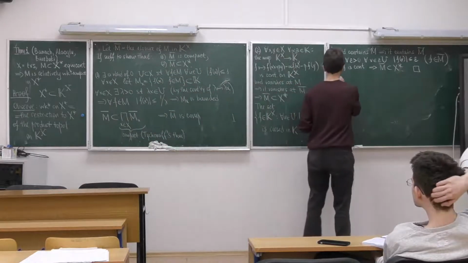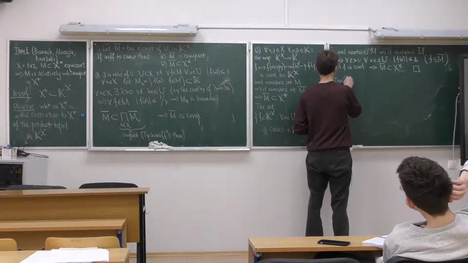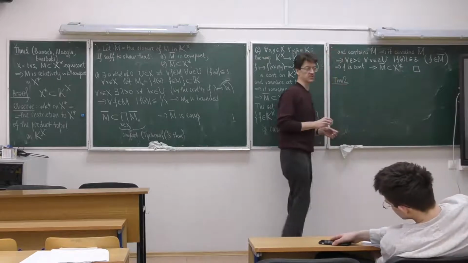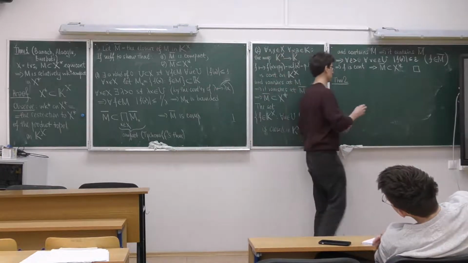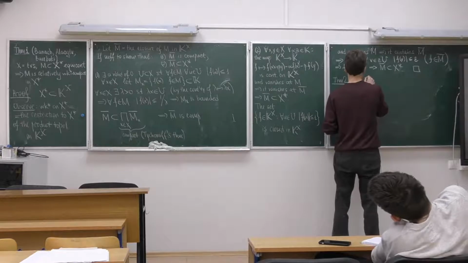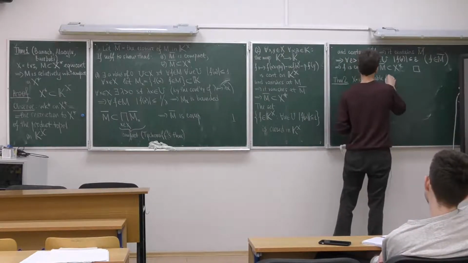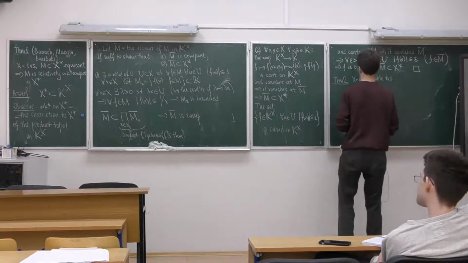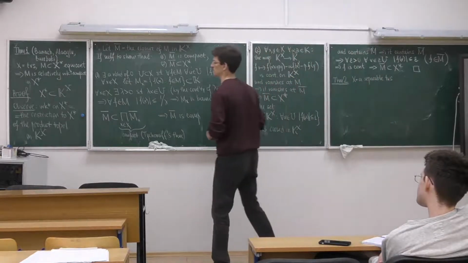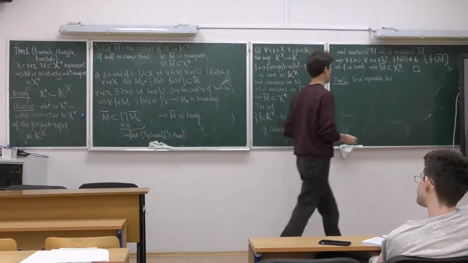Okay. Our next result, theorem 2, is actually a refinement of theorem 1 in a special case where X is separable. Suppose that X is a separable topological vector space, and M is an equicontinuous subset of X star.